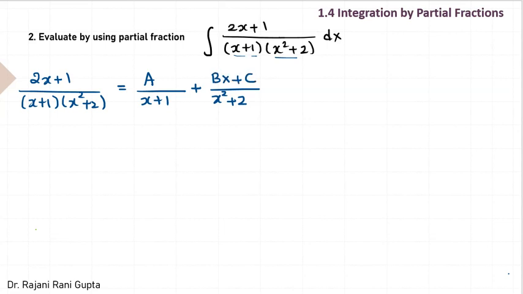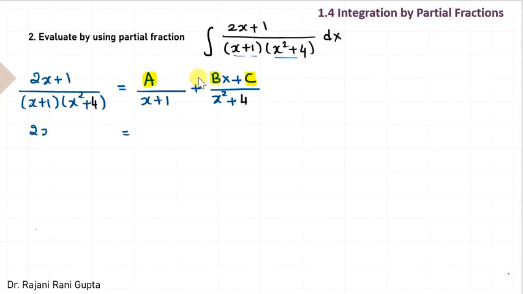Okay. Let me make this change in place of 2, let's say 4. The process will be the same. So again, we will do the same thing. We will simplify it to get the values of a, b and c. So how will it be done?